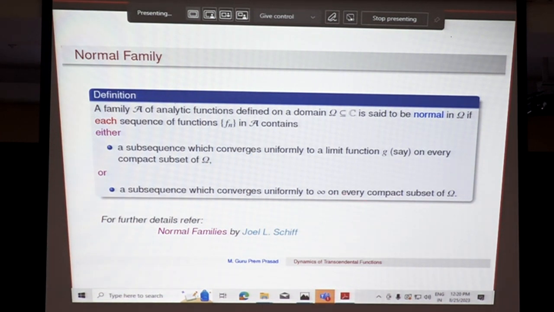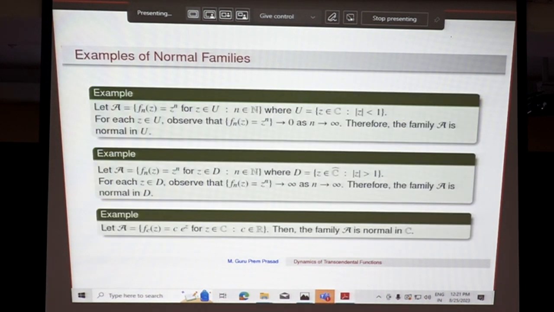So any one of these will happen. Okay. If that holds for every such sequence you take from the family, then we call it a normal family. So this is the basic definition of normality. This is used as the basic concept in the dynamical systems of complex functions. Okay. To explain this definition, you can see this example.